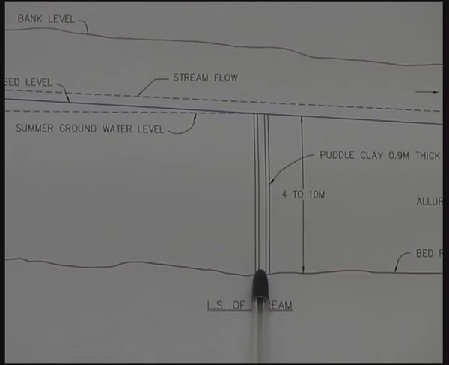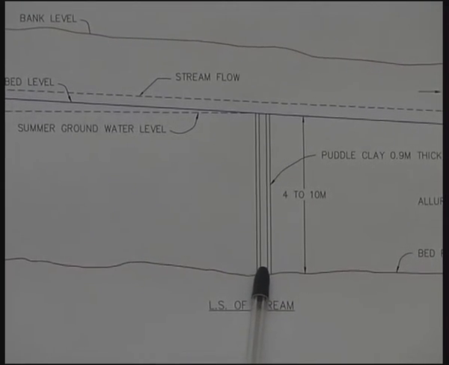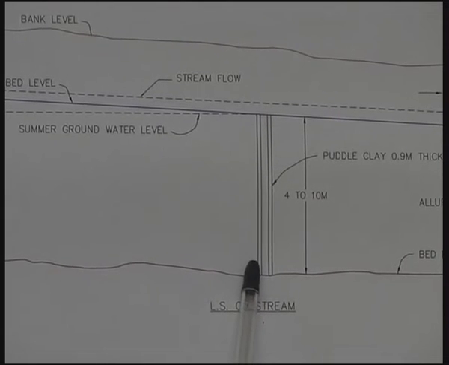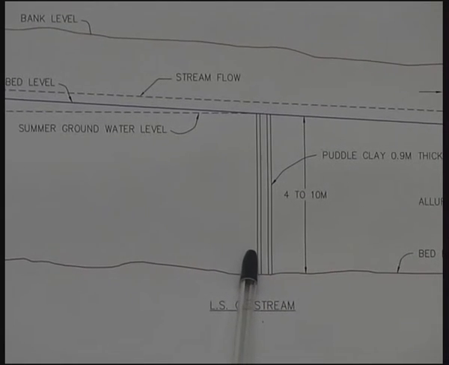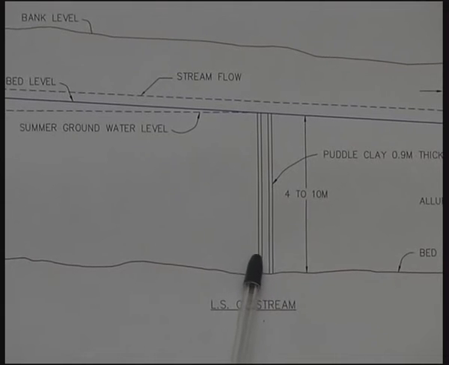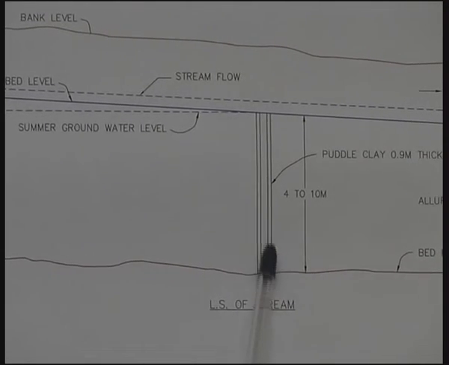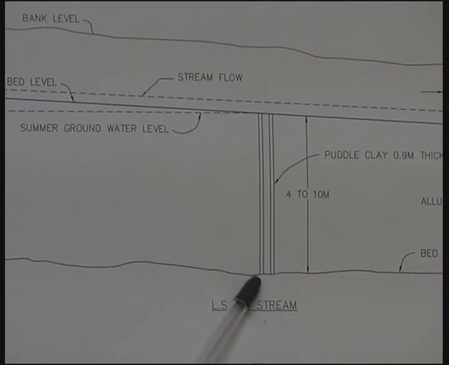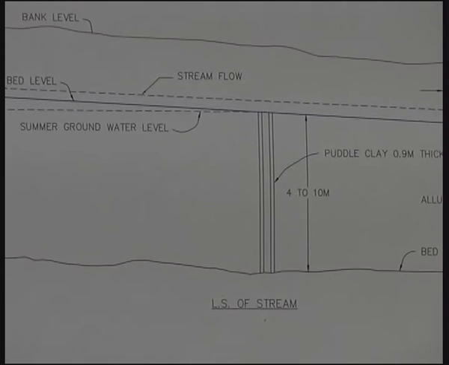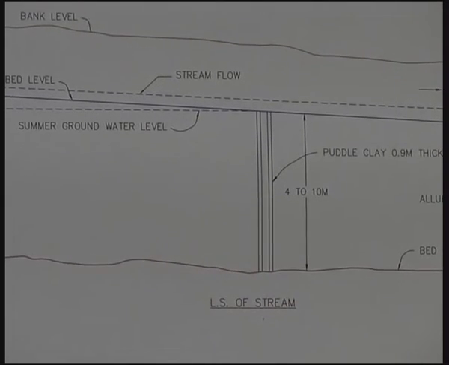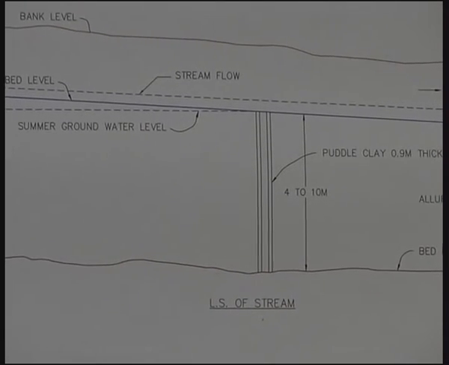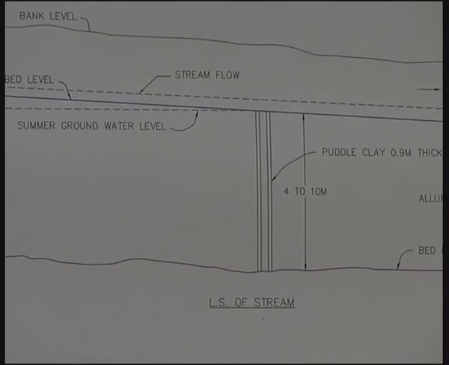and the puddle clay has an outer cover of HDPE film, high density polyethylene film, on either side of the puddle clay. As seen here, this is one film and this is another film. This film is of very small thickness, usually 200 microns.